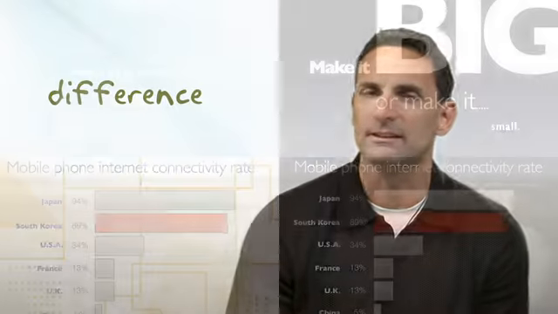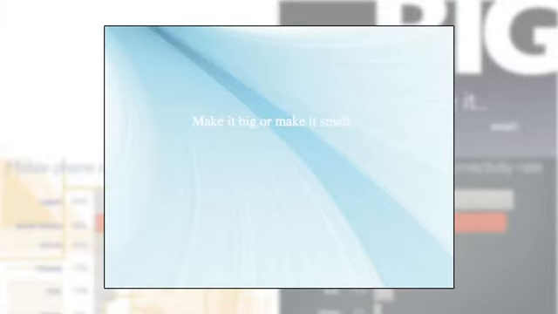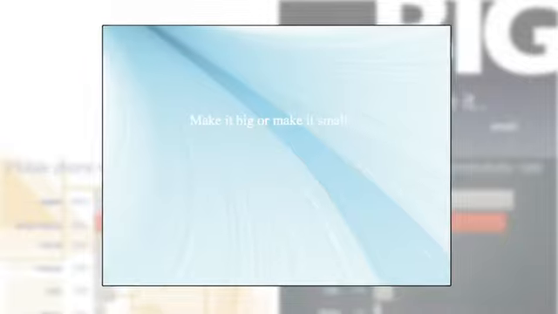But contrast is really about difference and showing difference, and we don't want to just show a little difference, we often want to show a big difference. Okay, let's look at these first set of slides. And the first one here, the blue one, the blue background, you'll notice that the text really doesn't stand out. The text is white, but the background is kind of white, so there's just weak contrast, right?